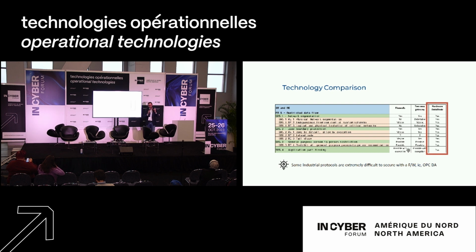This hardware allows you to send data only one way. It's a unidirectional solution. It's physically impossible to penetrate the network. So the advantage: you are 100% secure. The disadvantage: you cannot communicate bidirectionally.